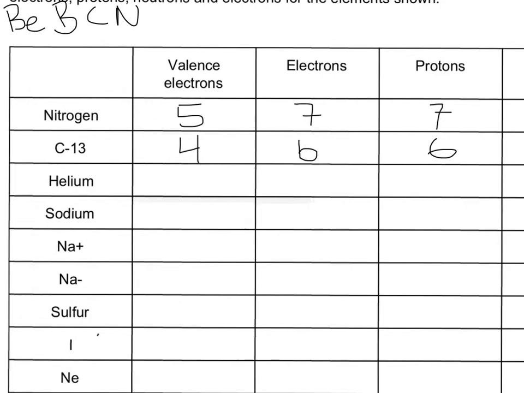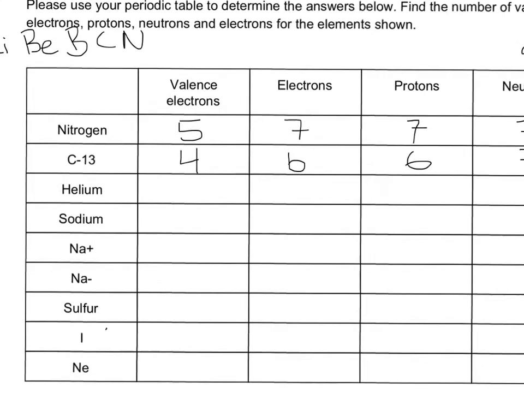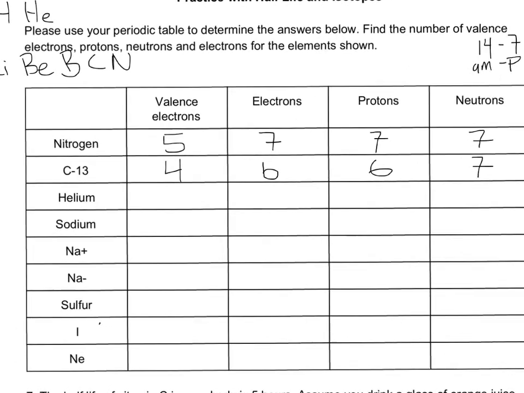All right. Helium, looking at the periodic table, I think this one is just straightforward. Helium has 2 protons and 2 neutrons. Notice how the atomic mass says 4.0026, looking at your periodic table. So 4 minus 2 is 2 neutrons. It's going to have 2 electrons to balance the number of protons.